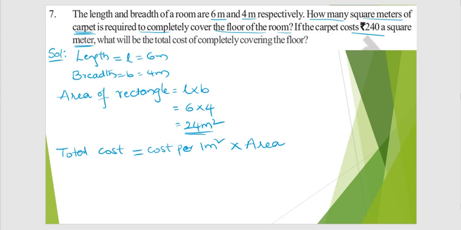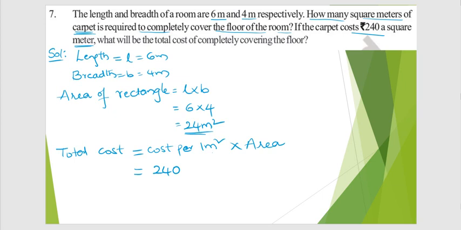In the previous problems we discussed perimeter, so if they asked about cost there, we did cost per 1 meter into its perimeter. Here, since we are dealing with area, we have cost per 1 meter square into its area.